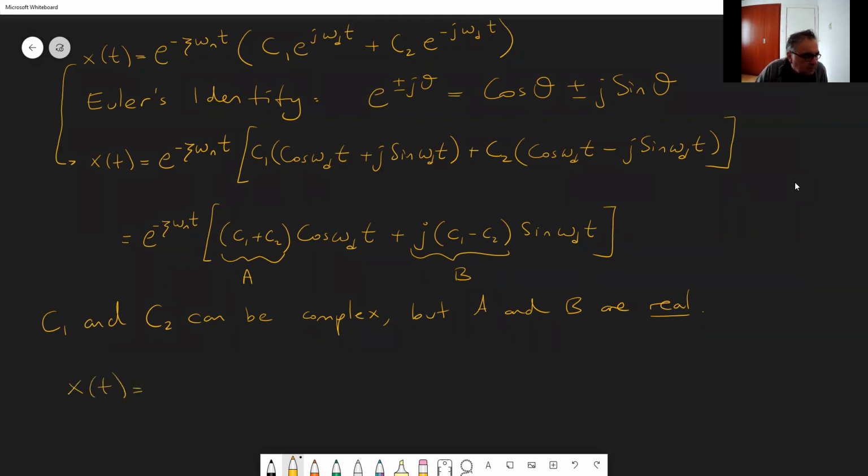So let me write the solution again. x of t equals e to the minus zeta omega n t times A cosine omega d t plus B sine omega d t.